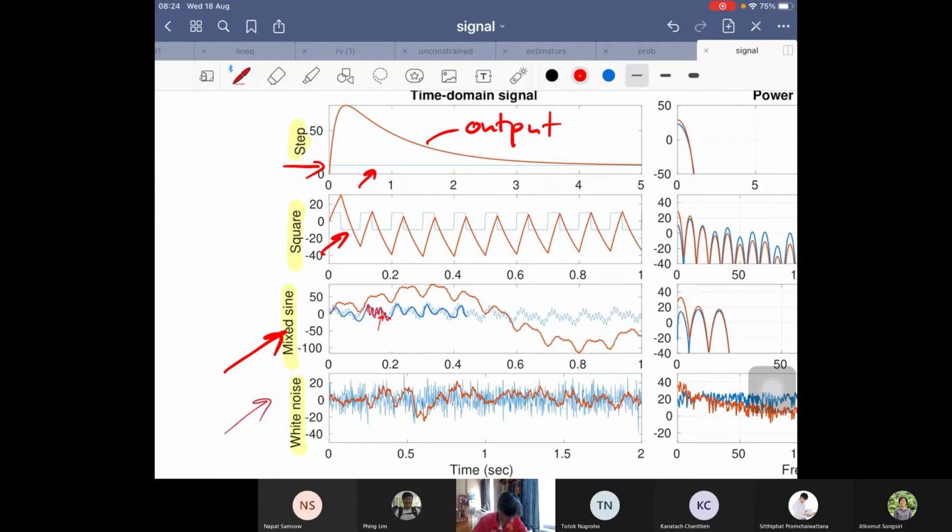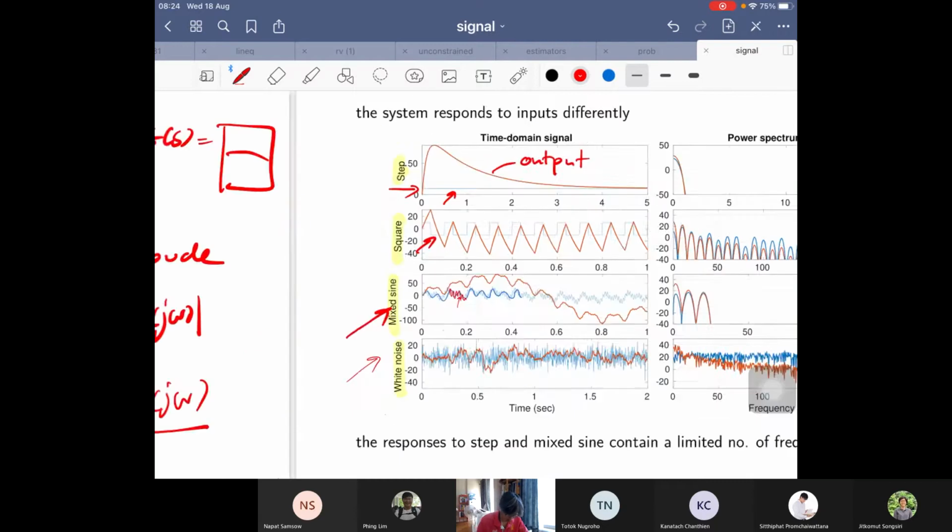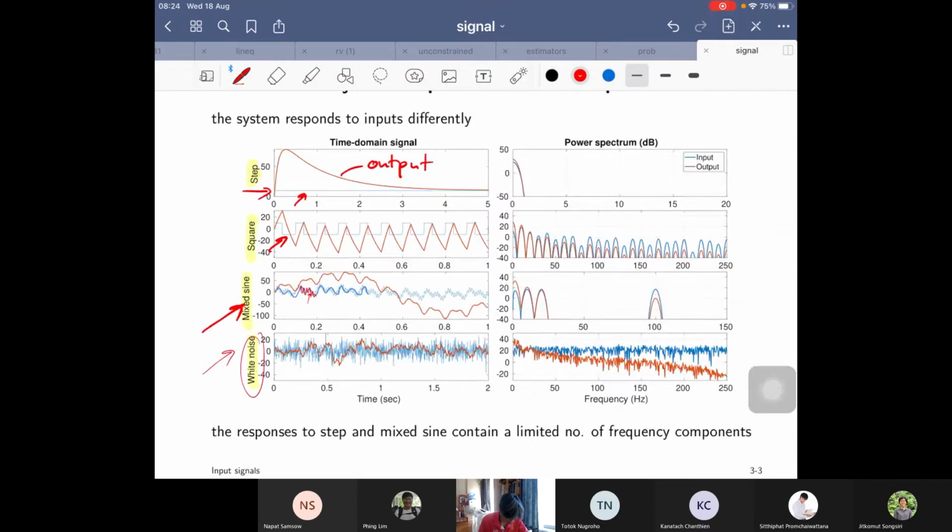The last one is the response to the white noise. Okay, white noise. If you aren't familiar with this term, again, review the stochastic process video. White noise is a random signal that has no correlations, the correlation between u(t) and u(s) is 0.